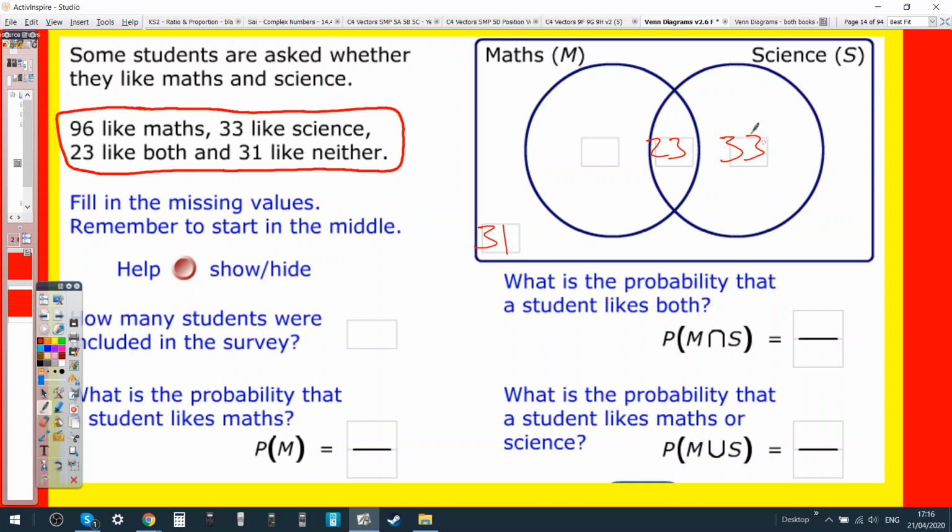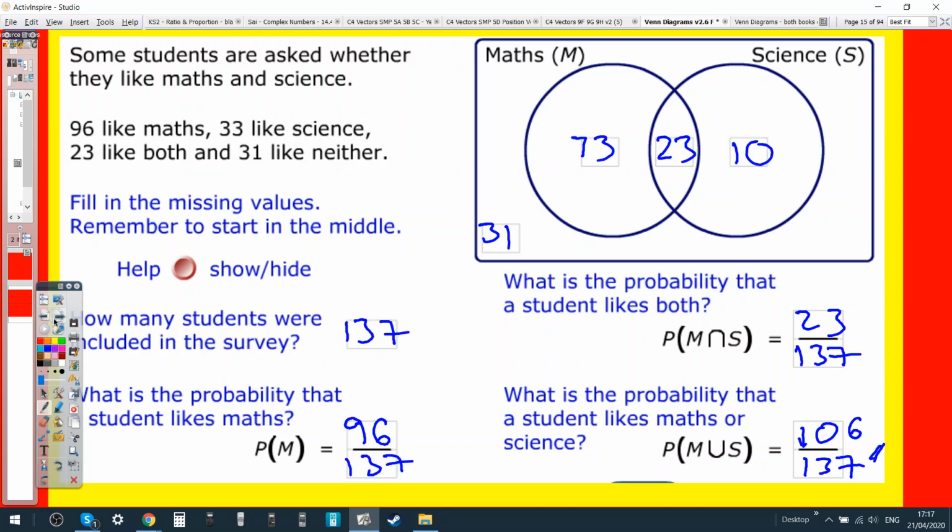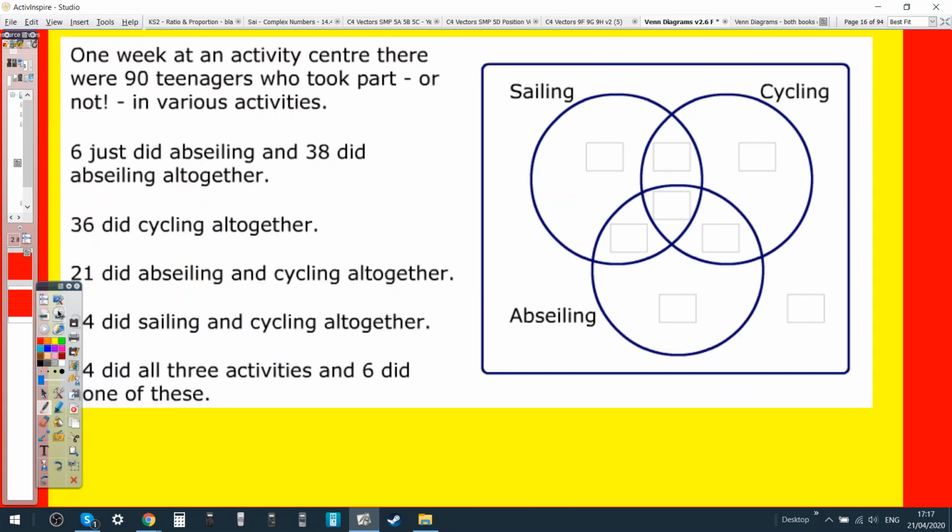And so it needs to just add up to 33. Yes. And so how about the other one? Very good. 73 and 10. So you have to subtract those when you're doing it.